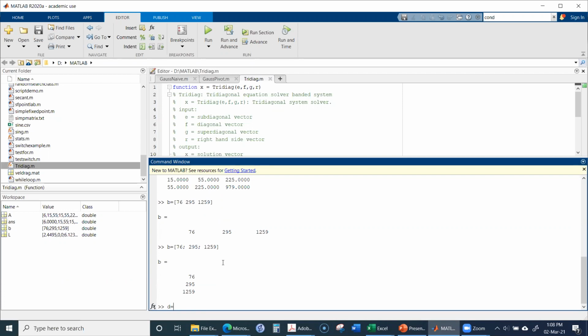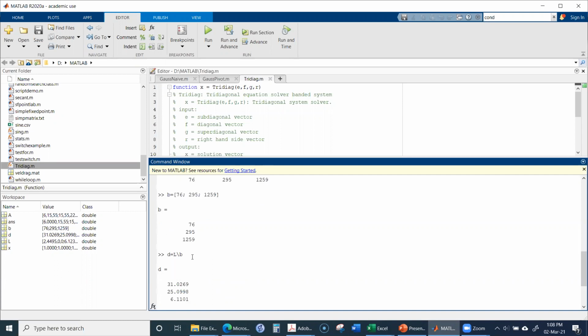So I can find the intermediate matrix, which is equal to L backslash B. And then the final solution will be X equal to L transpose backslash D. So the solution will be 1, 1, 1, which is correct.